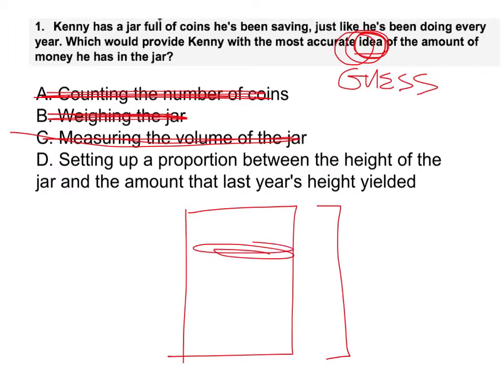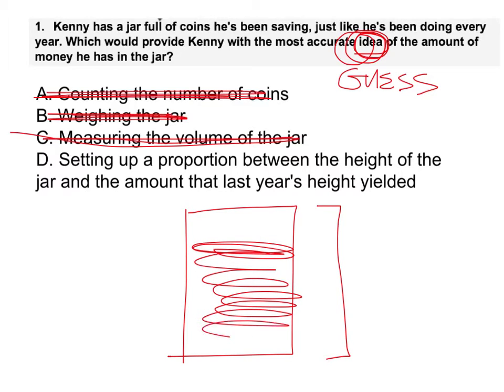It's the height at which the coins make it up to. So you could do a proportion from the height of the jar before and then the height of the jar now, and he would know the amount of money from before, and he could have a good idea of what it's going to be now. So the right answer should be D.